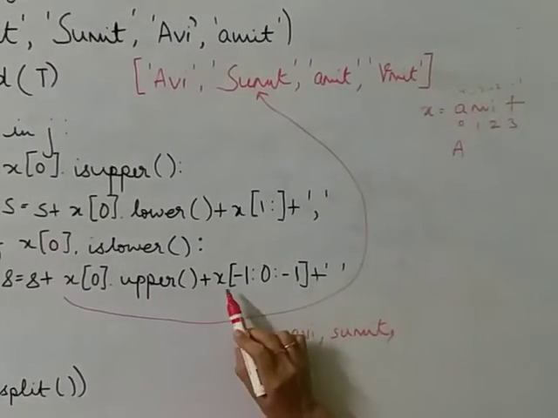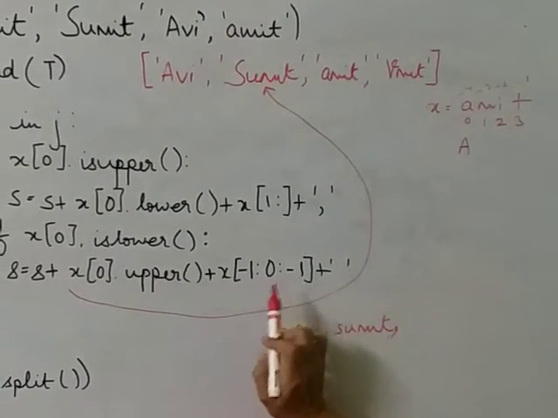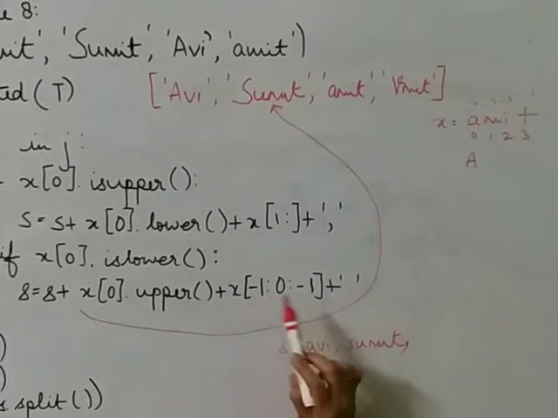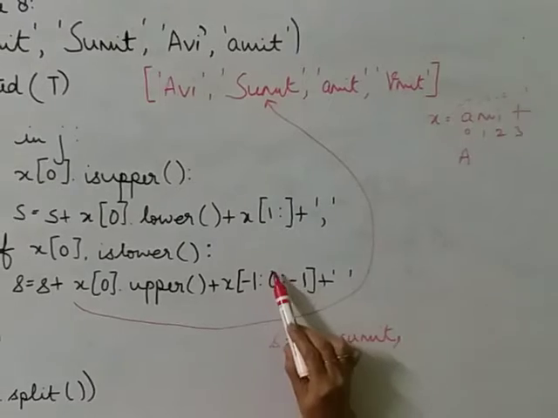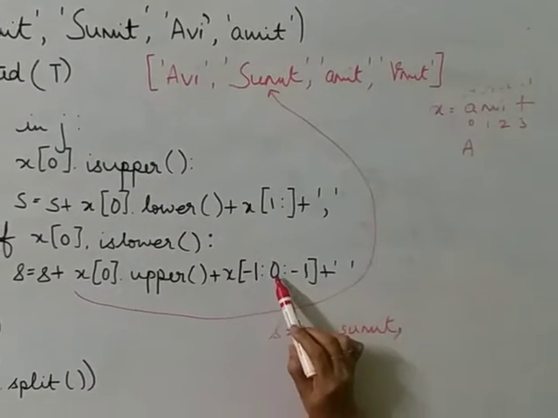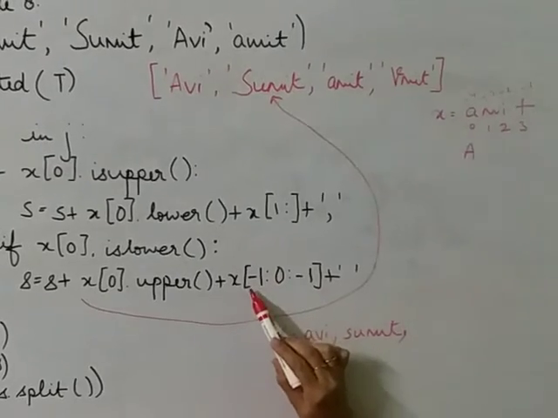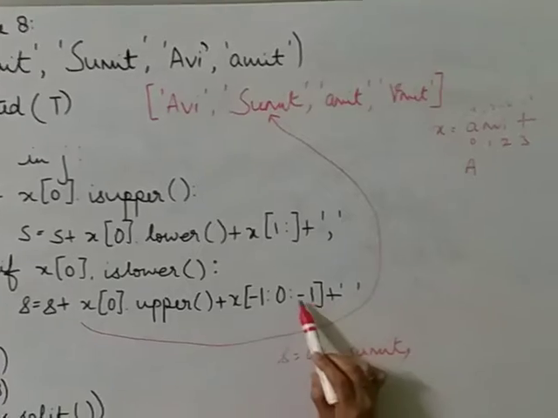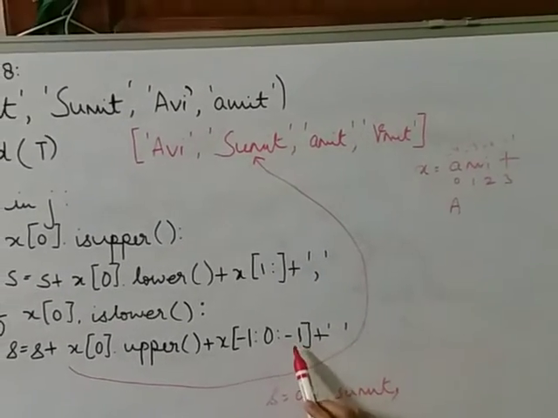And then addition, concatenation, we are doing a slicing here. As you can see, the index numbers taken here are -1 to 0. As you know, it will not move till this index number, it will move less than this index number. Okay, so -1 to 0, that means it will move till 1, and this is a backward indexing movement.